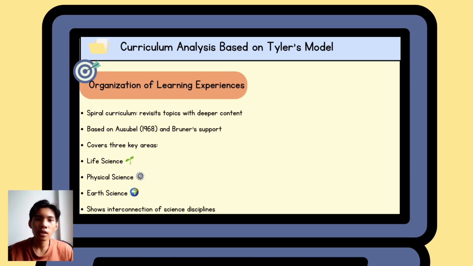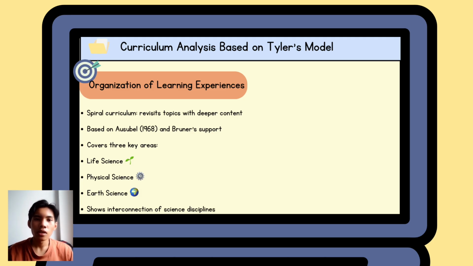Next, organization of learning experience. The Science Form 2 syllabus has a spiral curriculum structure. This means that scientific concepts are revisited multiple times, each time at a deeper and more complex level.